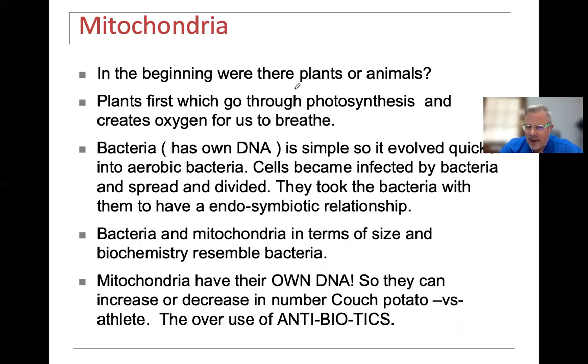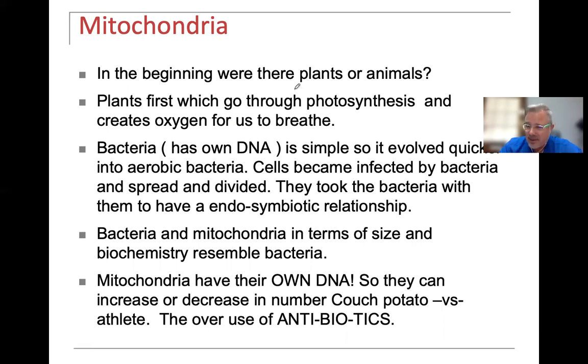And then these cells became infected by this bacteria and they started to divide. And they took the bacteria with the cells and they started to have this symbiotic or endosymbiotic type of relationship.